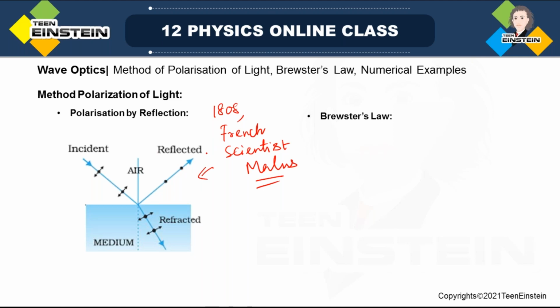So what he saw: if unpolarized light encounters a transparent medium, suppose this is air, or as it is written here, a medium of some refractive index mu, when the light is incident on the surface of the transparent medium, the reflected light is partially plane polarized light.